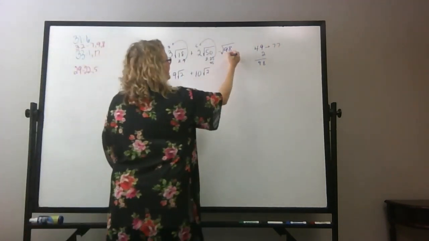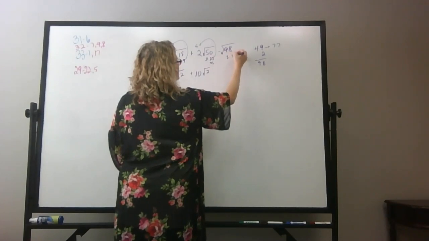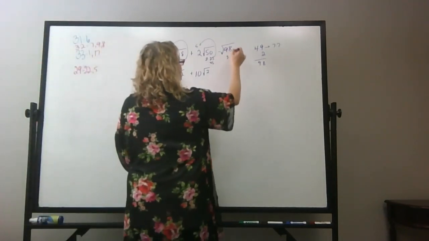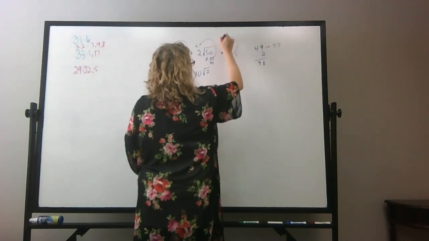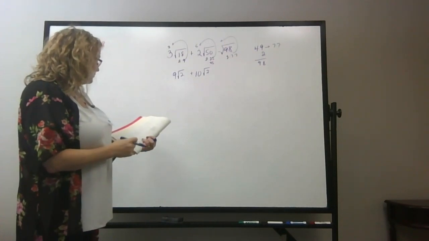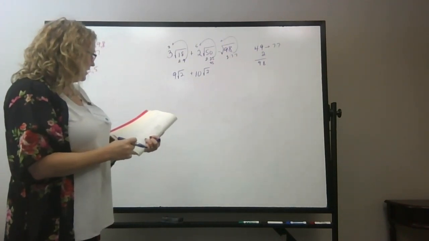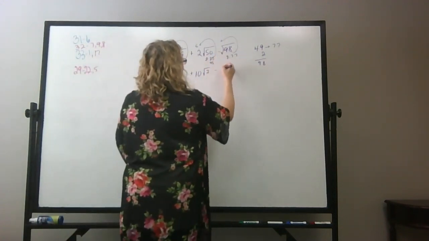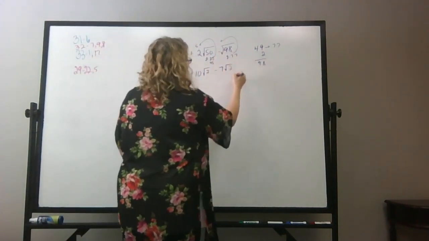So this 98 is 2 times 7 times 7. So the 7 is going to wind up coming out here, and the 2 is going to stay underneath there. So here this is going to be minus 7, the square root of 2.